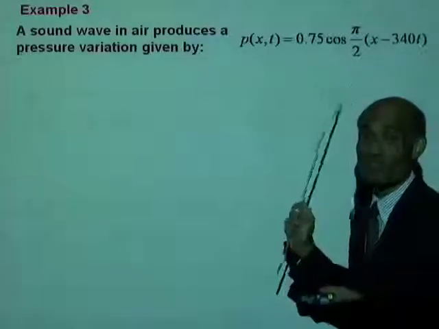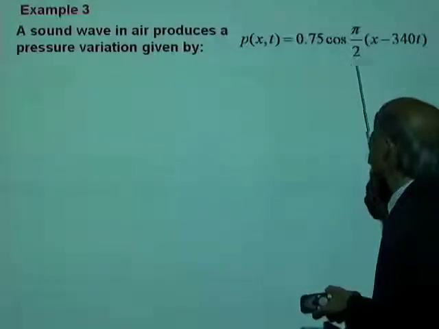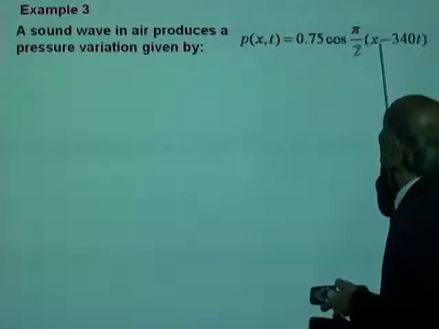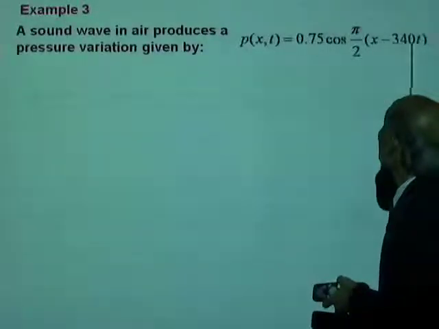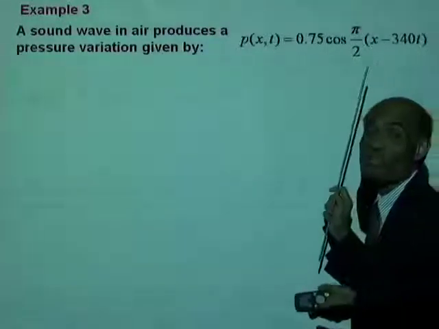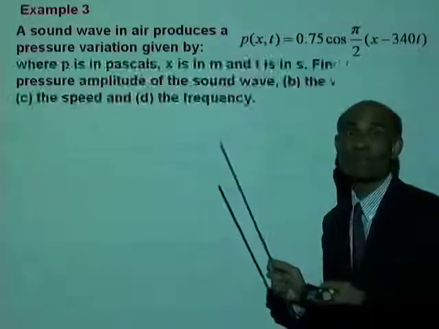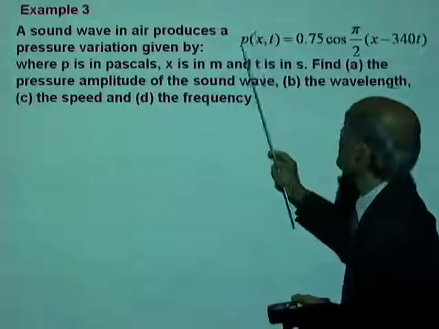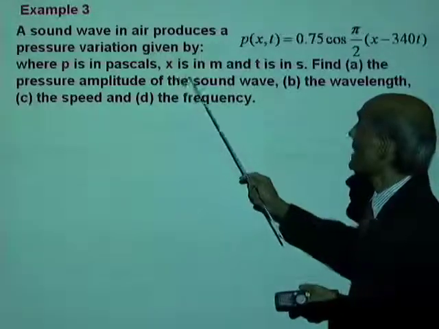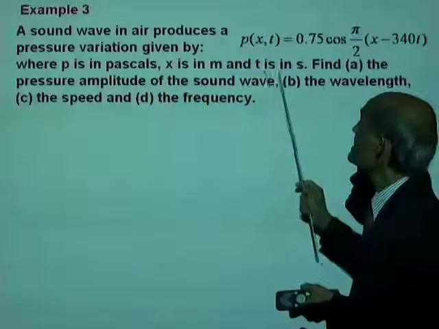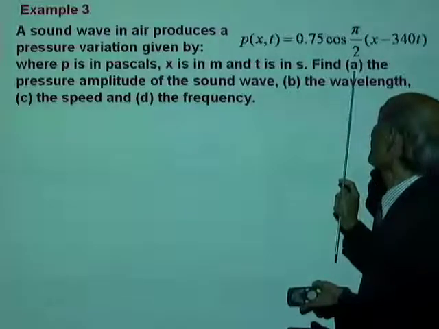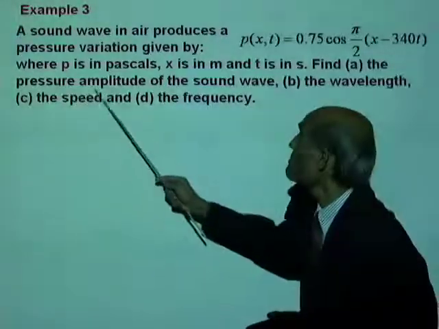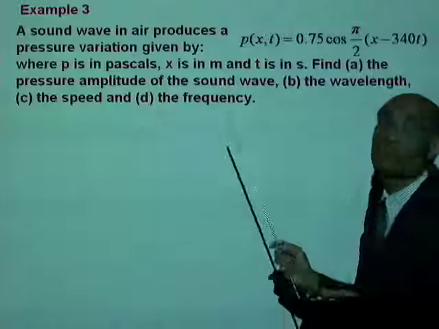Is that right? So your k is pi by 2. V is 340, that's the speed of the wave. Where P is in pascals, X is in meters, and t is in seconds. Find the pressure amplitude of the sound wave.